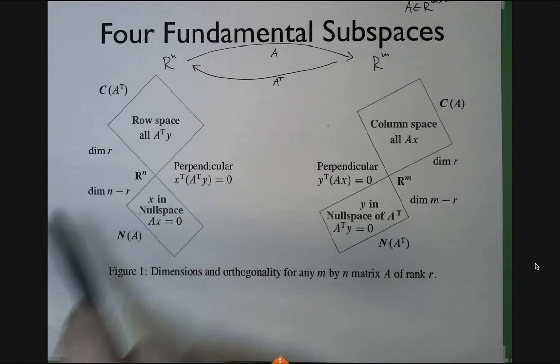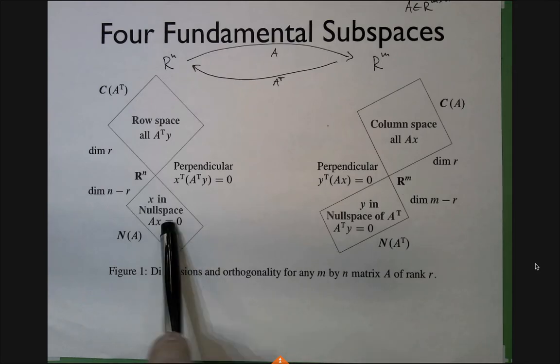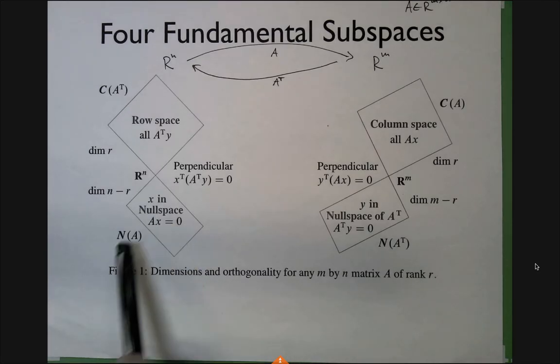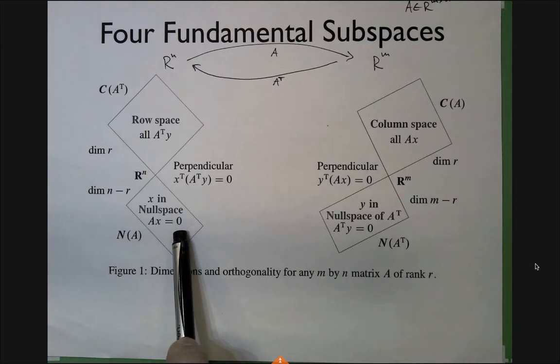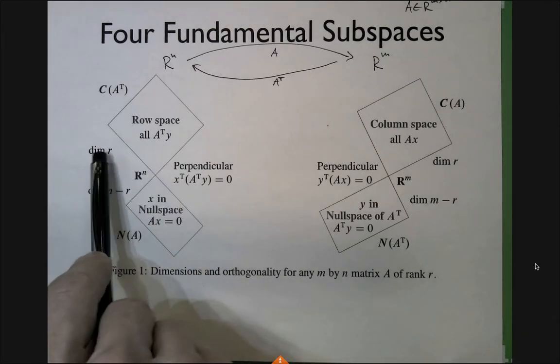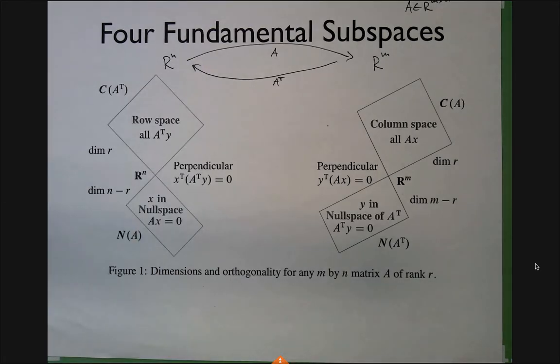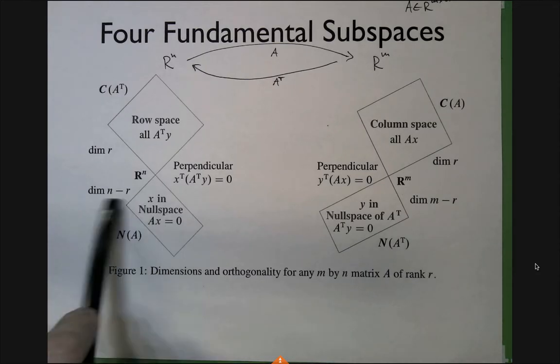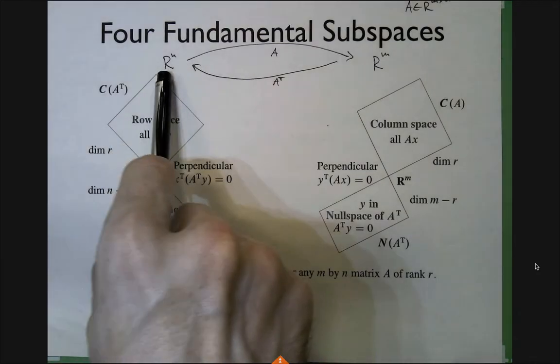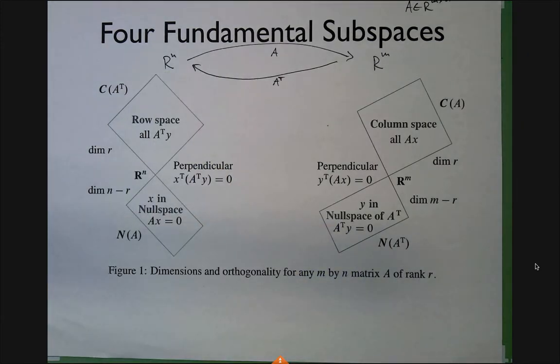And its orthogonal complement is the null space. Those are all the vectors which are the solutions of the homogeneous system of linear equations. The row space has dimension r, where r is the rank of the matrix. And the null space has the complementary dimension, so n minus r, because these two numbers have to sum to n, because they are orthogonal complements of each other.